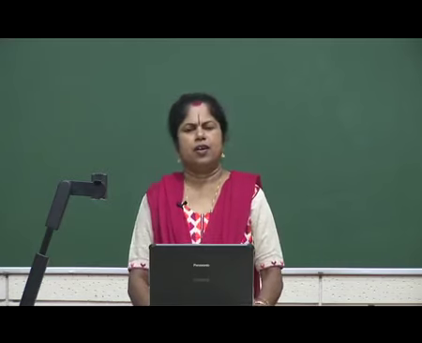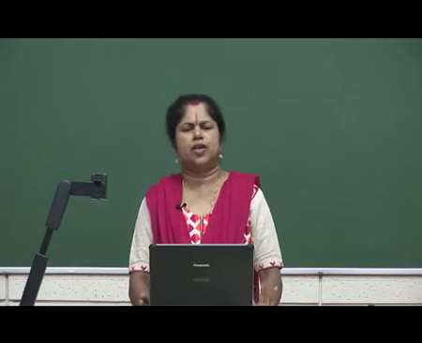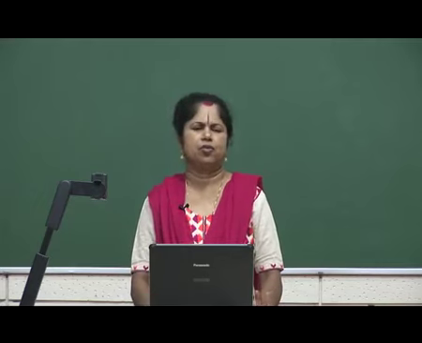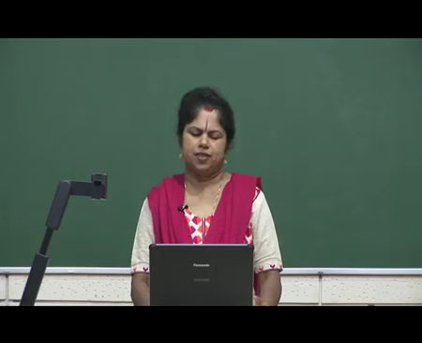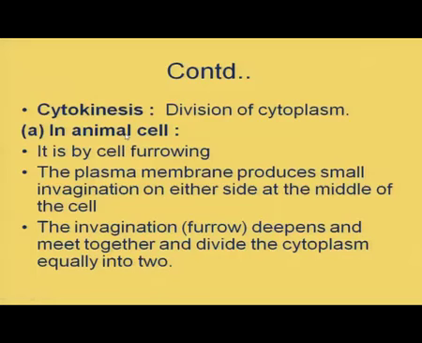Now, is there any change in the cytokinesis of an animal cell compared with that of a plant cell? Yes. In an animal cell, it is by cell furrowing. The cell plasma membrane produces a narrow ingrowth, an invagination, at the middle of the cell.